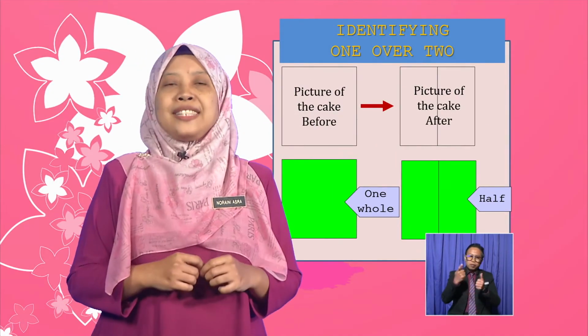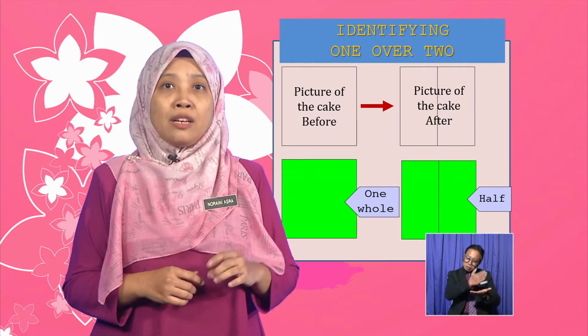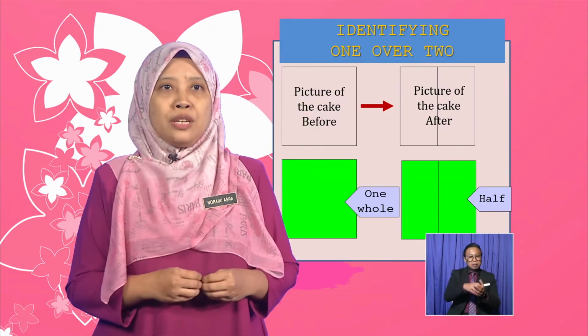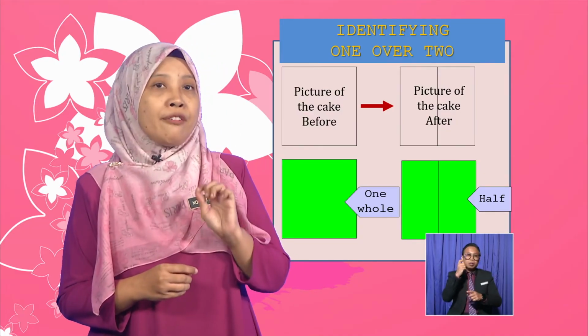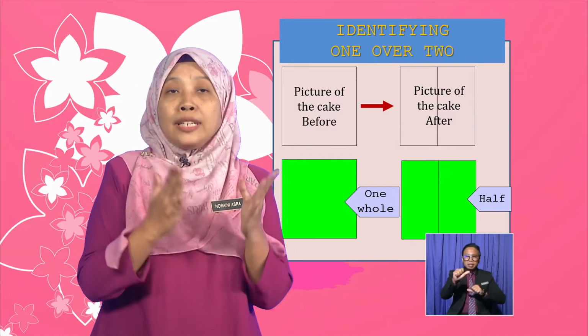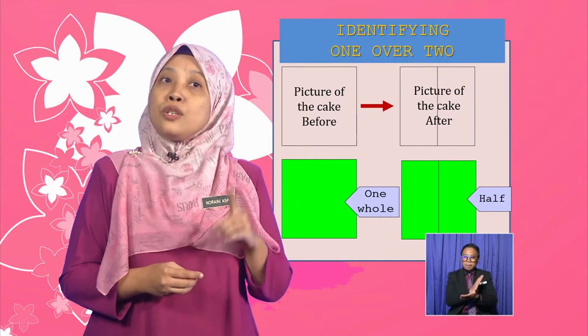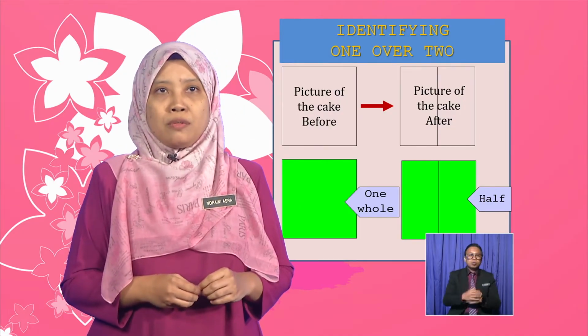During the first activity, which was cutting the cake, you have been introduced to the word half. For the second activity, folding the paper plate, you have been introduced to 1/2.